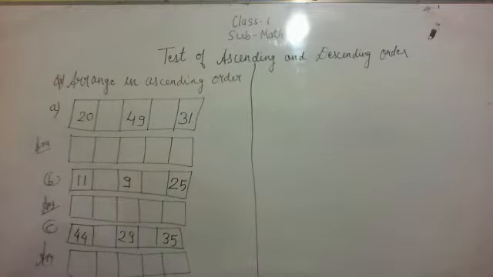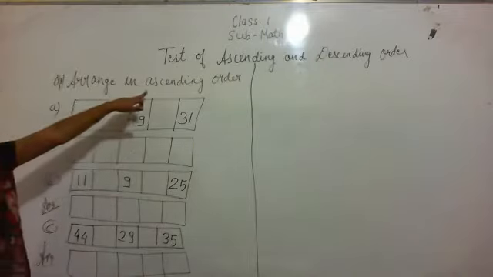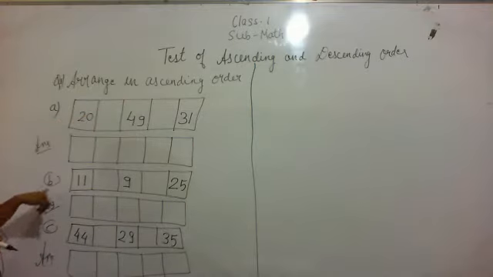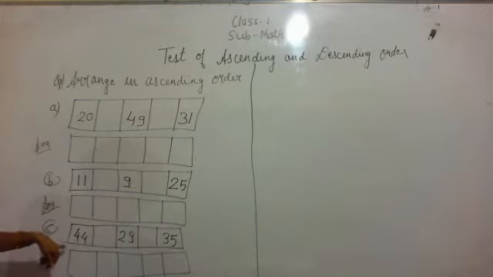Arrange in ascending order. You have to arrange the given numbers in ascending order, and I have given you 3 questions, A, B and C. The numbers at question A is 20, 49 and 31. B is 11, 9 and 25. And C is 44, 29 and 35.